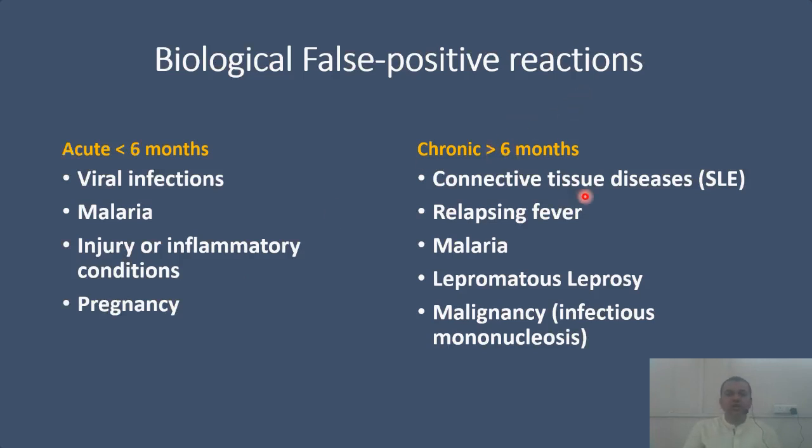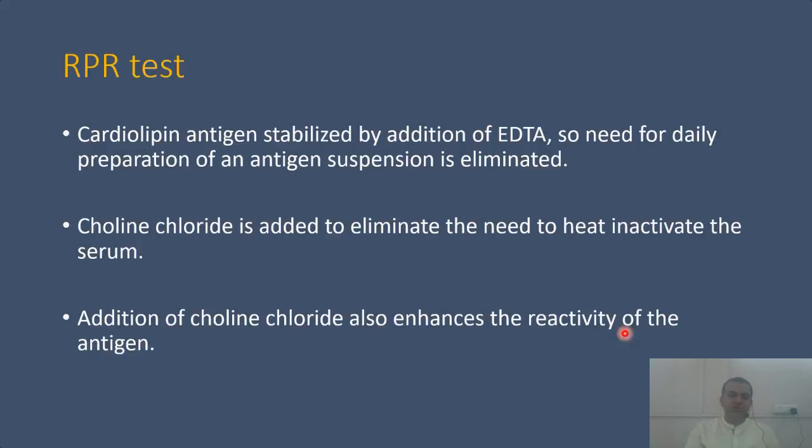Chronic conditions like cutaneous diseases are the most common. SLE, systemic lupus erythematosus, a connective tissue disorder, commonly shows false positive reactions with VDRL. Relapsing fever, lepromatous leprosy, and even malignancies will show false positive reactions with the standard test.